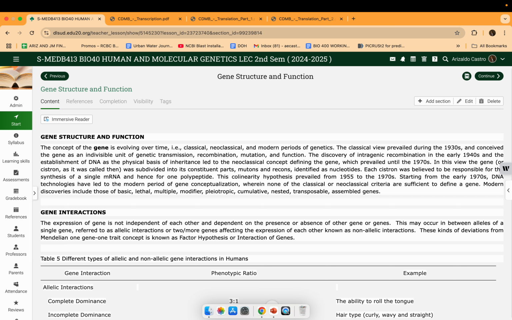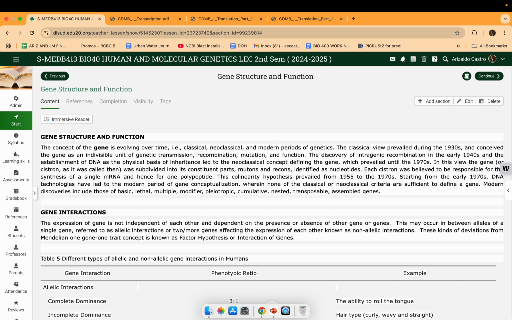With these technologies, we came to understand more about the structure and function of different genes, and we came to understand that the basic concepts that we used to subscribe to during the first three-fourths of the 1900s are not enough anymore to really cover the essence of the term gene.